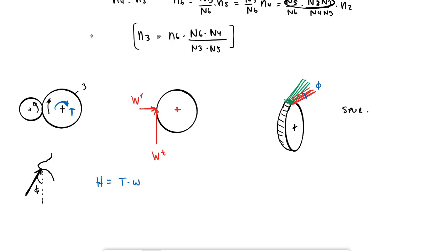So if the power for the system is the same in 2, 3, 4, 5 and 6, because it's 100% efficient, which is one of the assumptions, it would be the torque of 3 times the angular velocity of 3. If I want to solve for T3, it would be the power over the angular velocity of 3, or power divided by N3, which is what I know, in RPMs, times 2 pi.